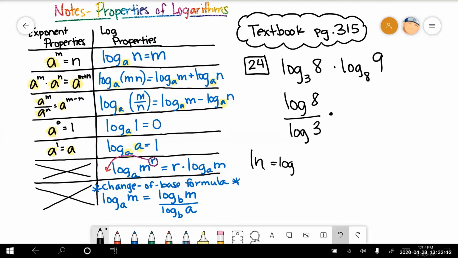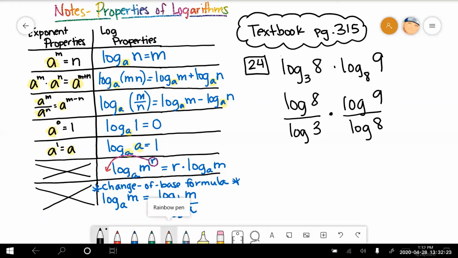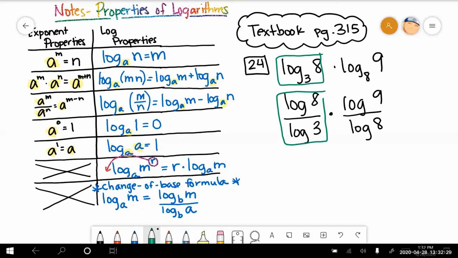But I'm not using e for right now. I'm just going to stick with log, and I'm going to change the base for both log functions. So just to make sure we're on the same page here, log base 3 of 8, I used the change of base formula, and then log base 8 of 9, I used the change of base formula.